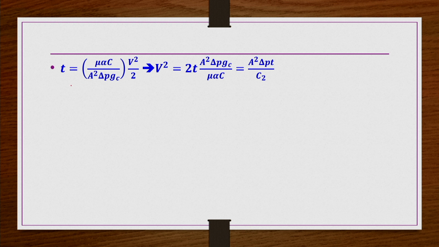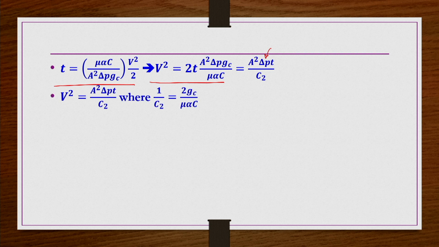Before that, we rearrange the same equation with V square on one side and all other terms on the other side, keeping the known terms A square delta P t as they are. The rest of the terms we write as 1 by C2, that is, V square equals A square delta P t by C2, where 1 by C2 is nothing but 2 Gc by mu alpha C. Mu, alpha and C are not known, so we take that as some constant 1 by C2.